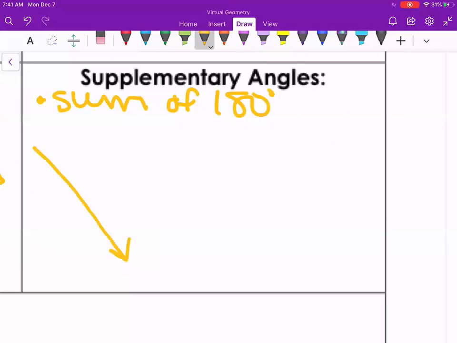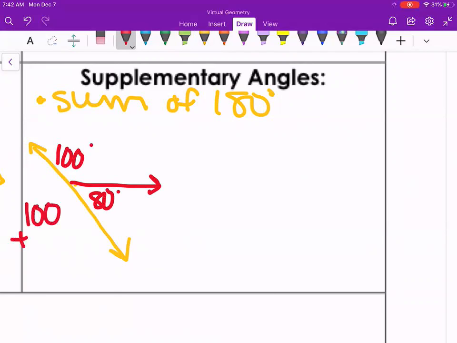So again, that could be two angles that are a part of a straight line. So let's say 80 degrees and 100 degrees together, they make up 180. Or we could have two angles that are not adjacent.